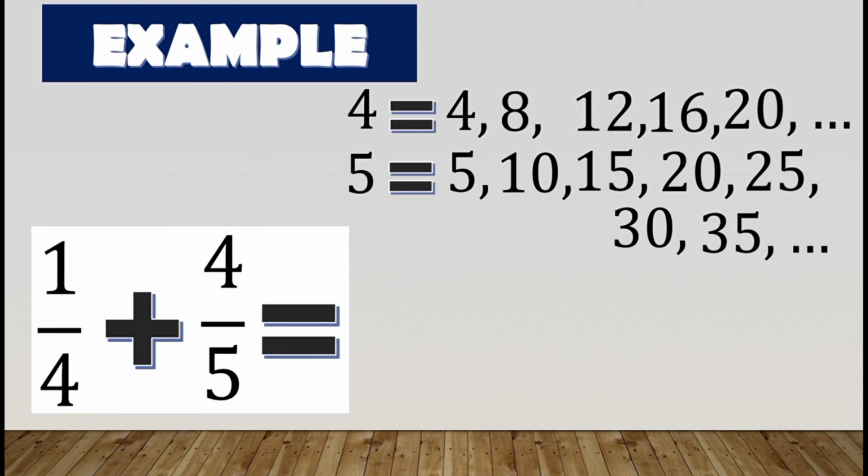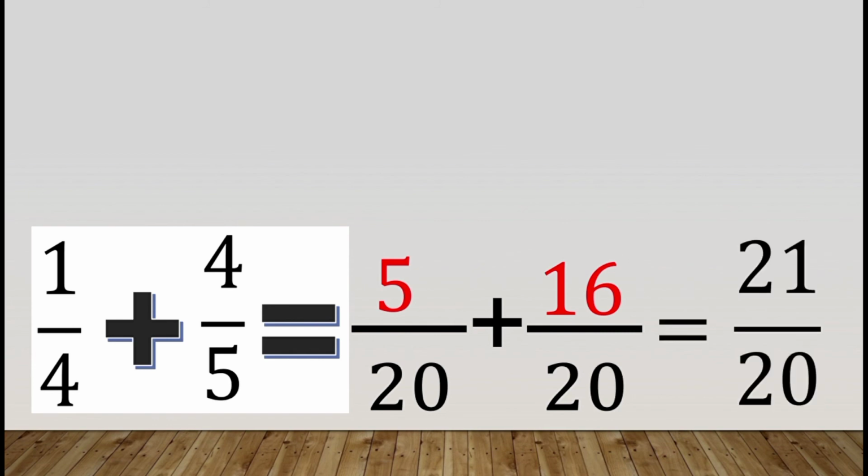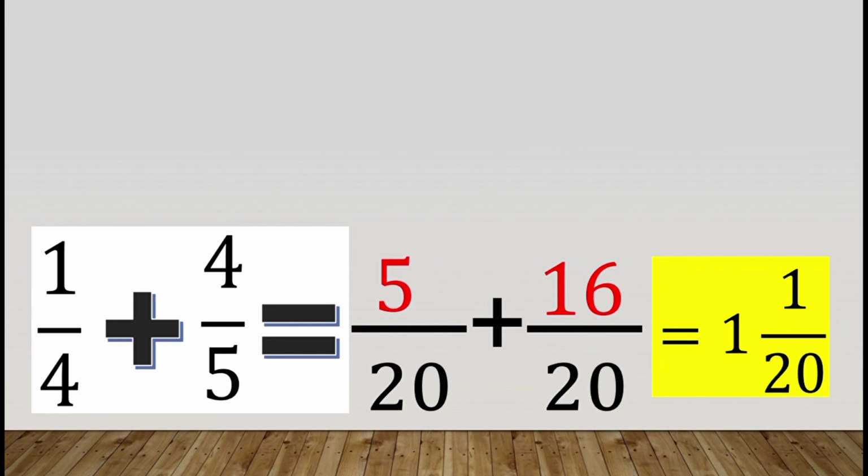So here, the least common multiple would be 20. So we can write the equivalent fraction of 1/4, that is 5 over 20, and 4/5 is 16 over 20. So we can combine these two, and that is 21 over 20. So we can write the final answer as a mixed number, that is 1 and 1 over 20.